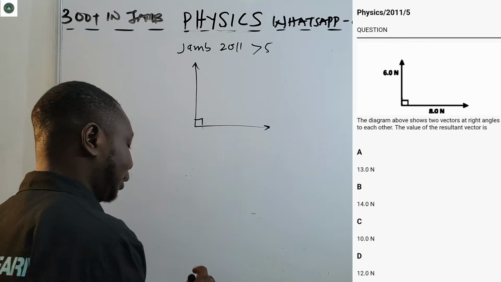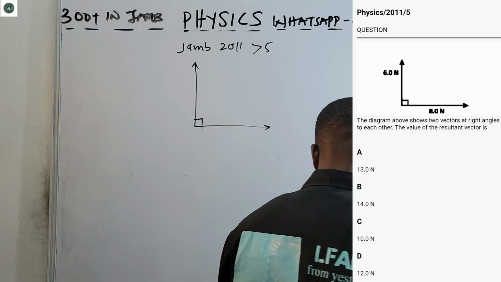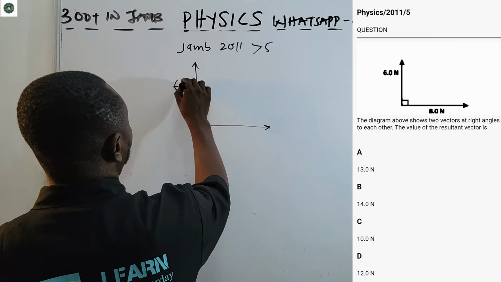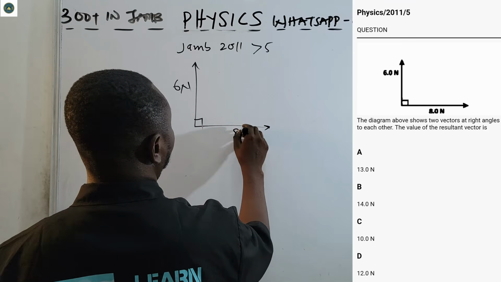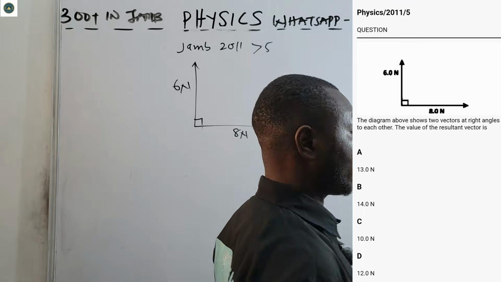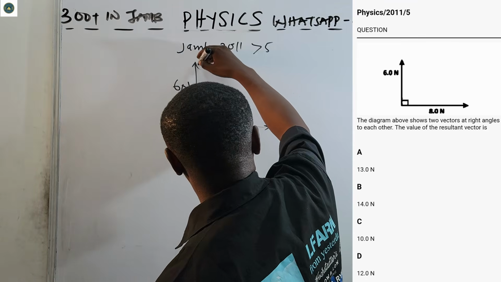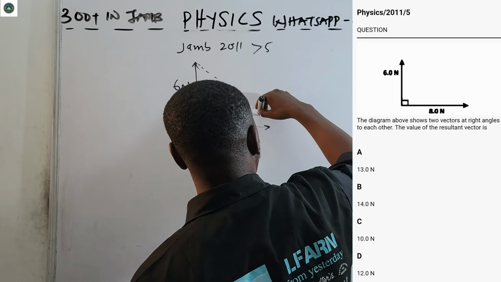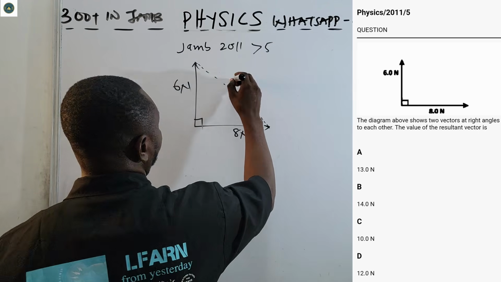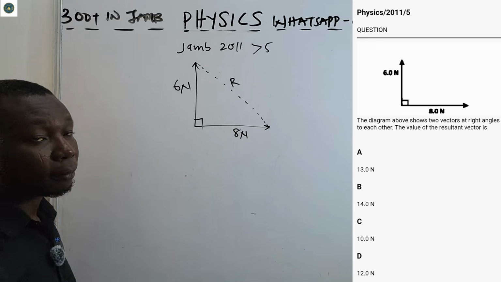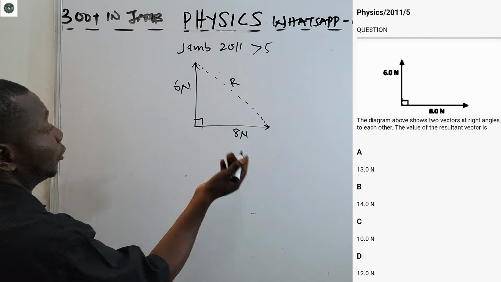Since they are acting at right angle, that means they are perpendicular to each other. This is 6 Newton and this is 8 Newton. So for you to get the resultant, you can get the resultant in this form. This is resultant R.